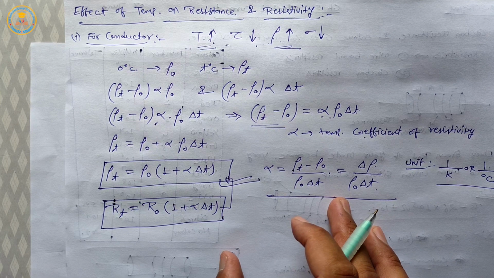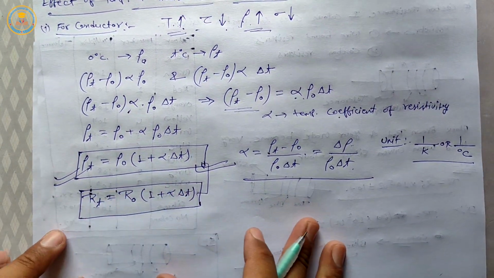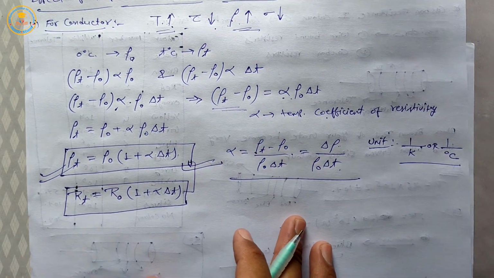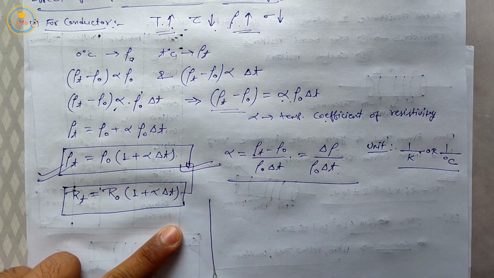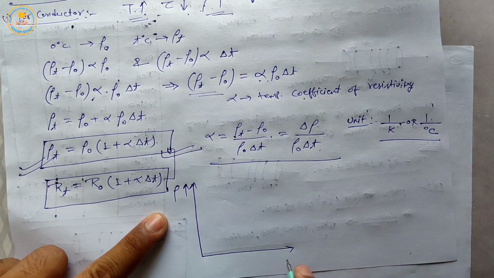Okay, from this equation we represent the dependency of resistivity on temperature by a graph between resistivity and temperature.